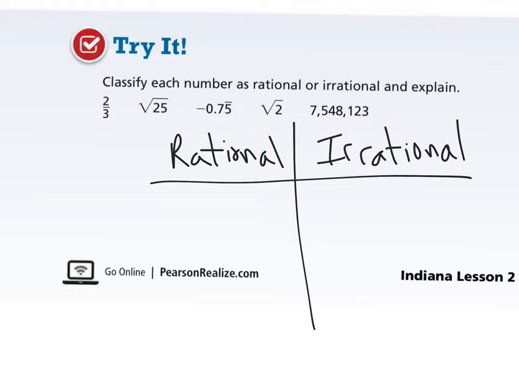Going through these, the negative 0.75 repeating, 5 repeating, will always be rational. 2/3 would be rational. That's actually just our definition of rational. We have a fraction with 2 integers. If you divided it out, you'd get 0.6 repeating, a repeating decimal, but we don't have to do that technically. That's right at our definition of rational.